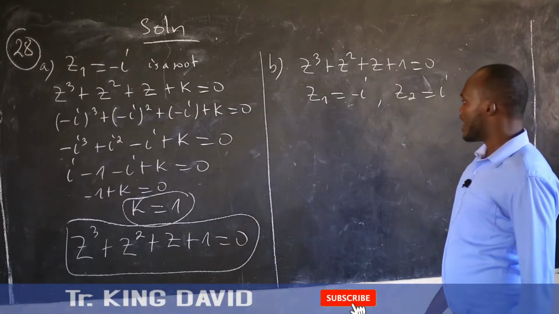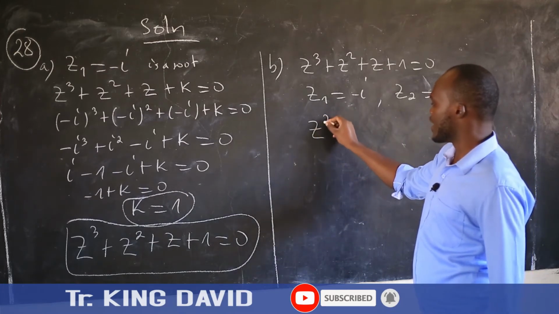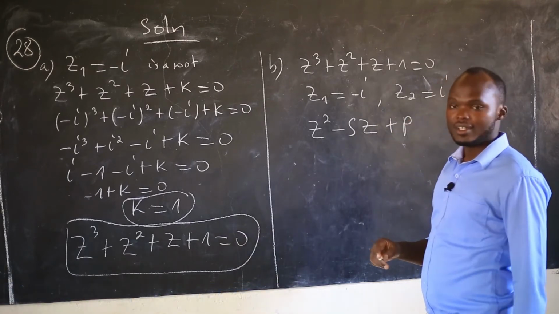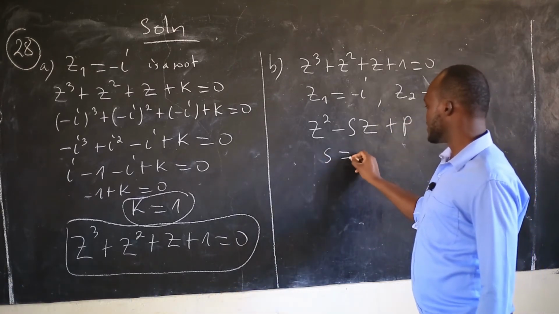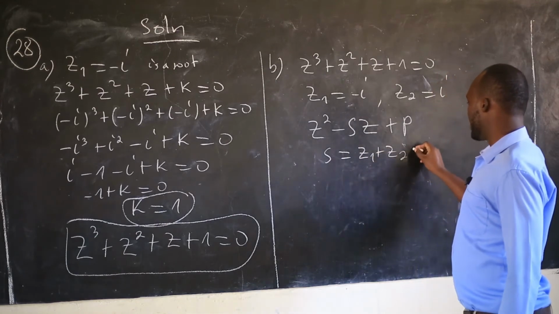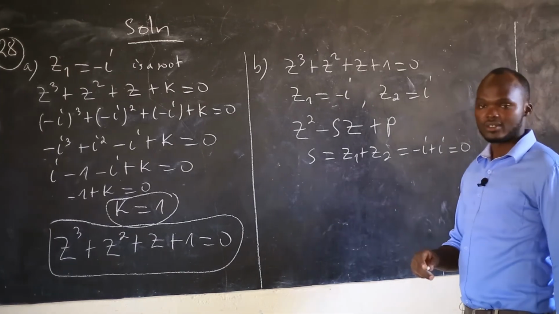And remember, when you have two roots, we use the quadratic formula, which is z^2 - sz + p, where s is the sum z1 + z2, which is negative i plus i, the answer is 0.